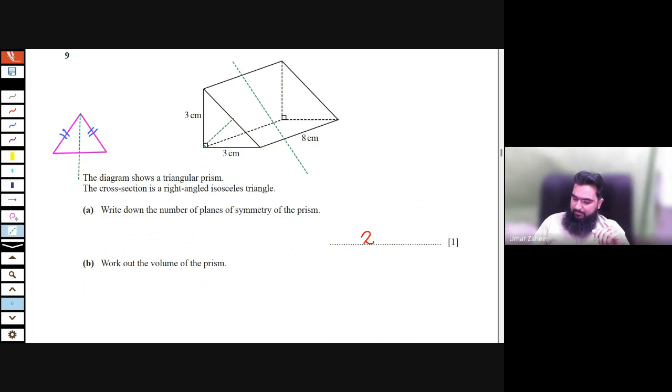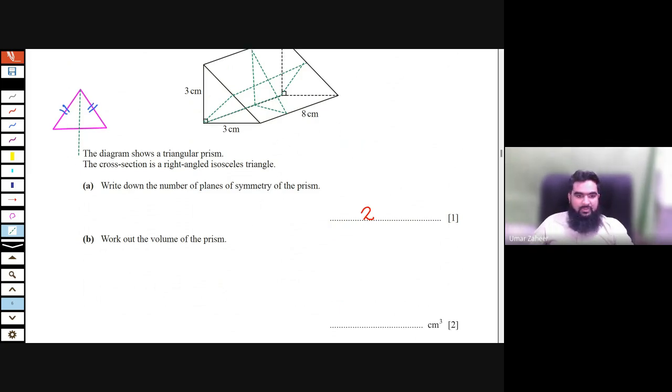If I try to show it, you are going to get this plane. If I make a plane here, the one plane is going to be here like this. Yes, everyone. Any question?